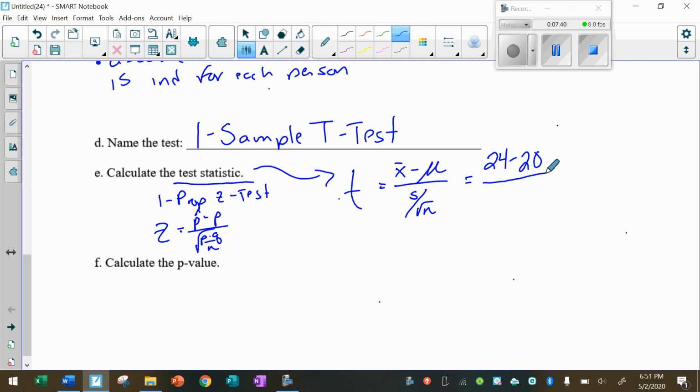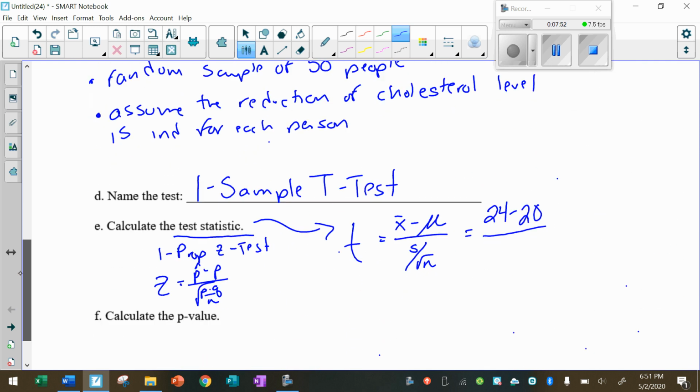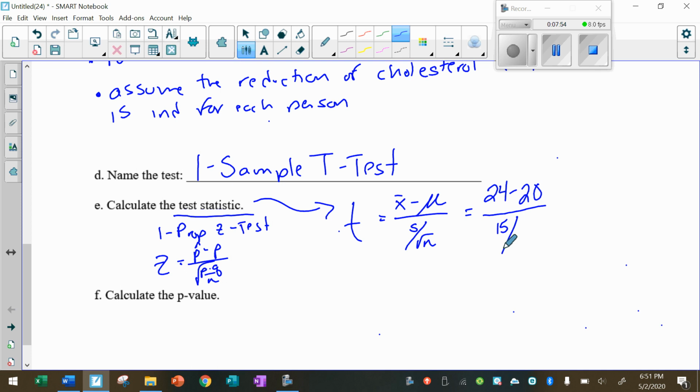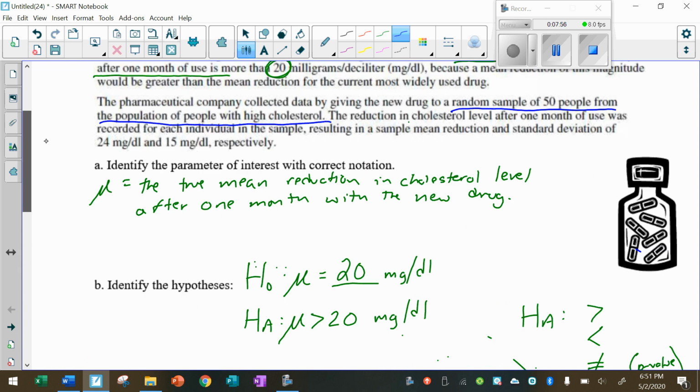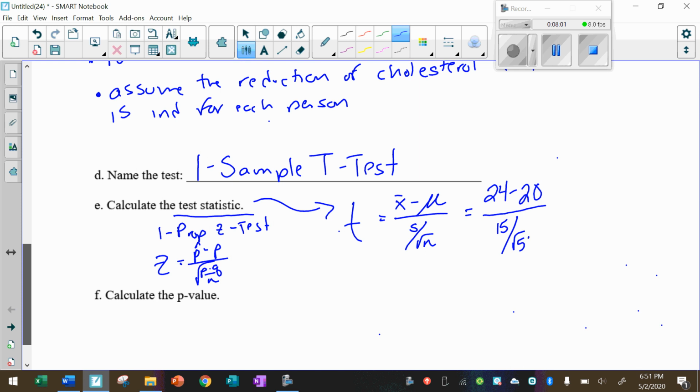But the standard deviation for this particular sample size is the standard deviation of our sample, which is 15, over the square root of n, which is square root of 50.